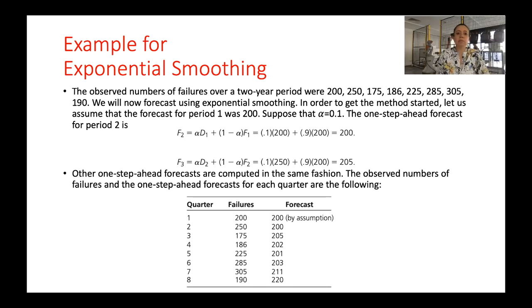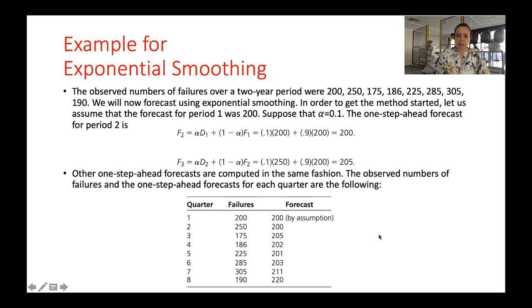Here is an example for the exponential smoothing method. In fact, this is the same example we used for the moving averages method. Here is the data of the number of failures over a 2-year period. And now we take the alpha value as 0.1 and we will use the exponential smoothing method to forecast the number of failures in each of the quarters.